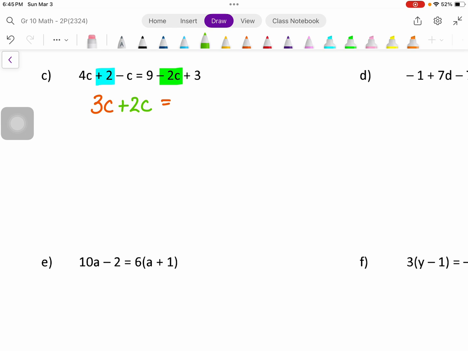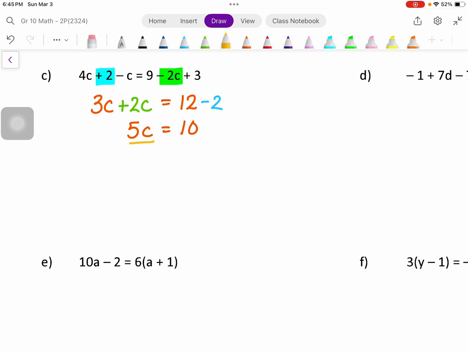Then on the right side, I already had a 3. Oh, I have a 3 and a 9. So 9 plus 3 is equal to 12. And plus 2 is going to move over with a subtraction of 2. So now let's simplify. 3c plus 2c equals 5c, and 12 subtract 2 equals 10.